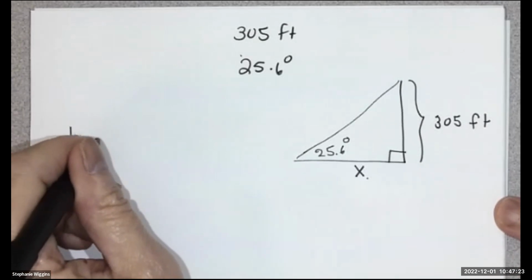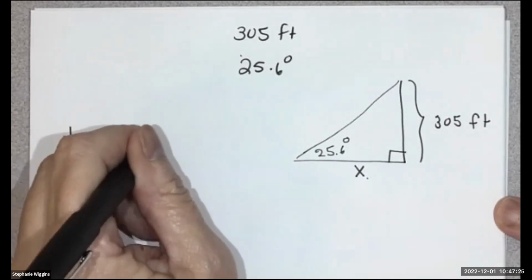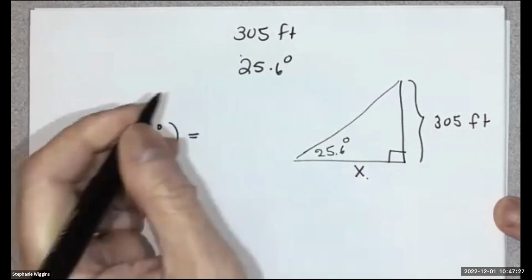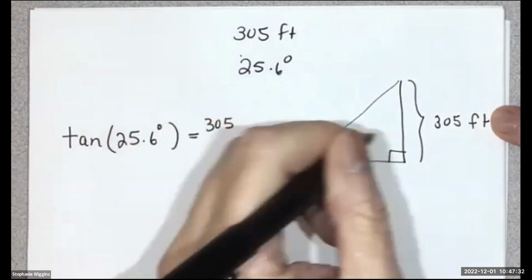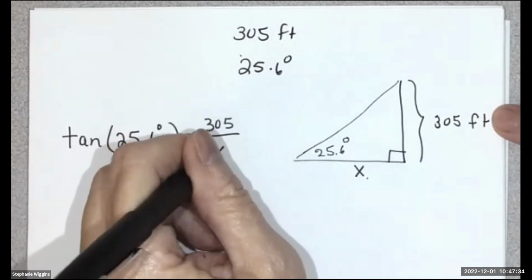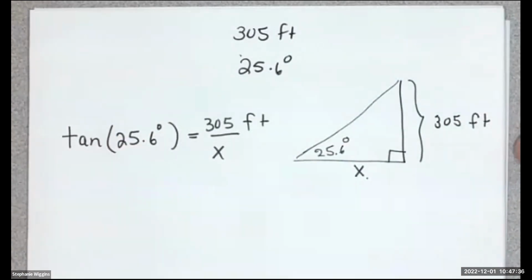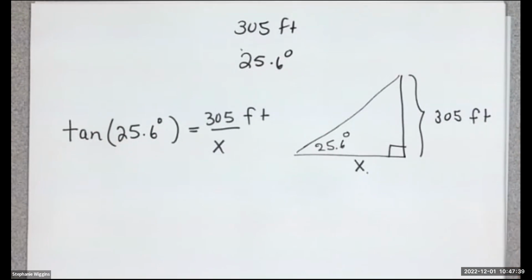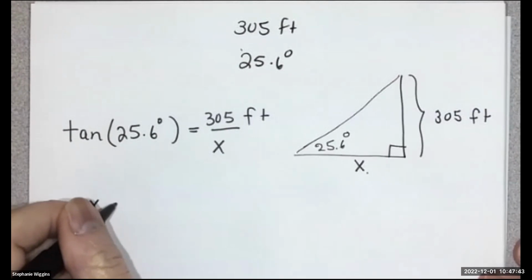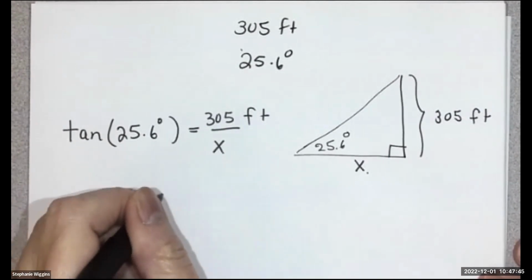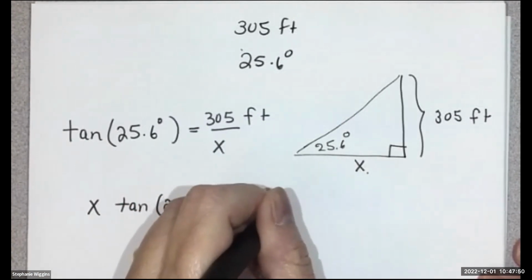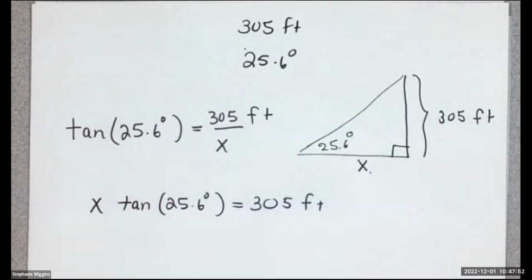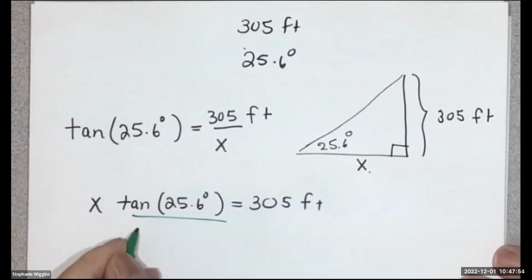Tangent of 25.6 degrees is equal to the height, which is 305, divided by x, because it's y over x. So I'm going to cross multiply and I get x times the tangent of 25.6 degrees equals 305 feet. And then you divide out by your tangent.